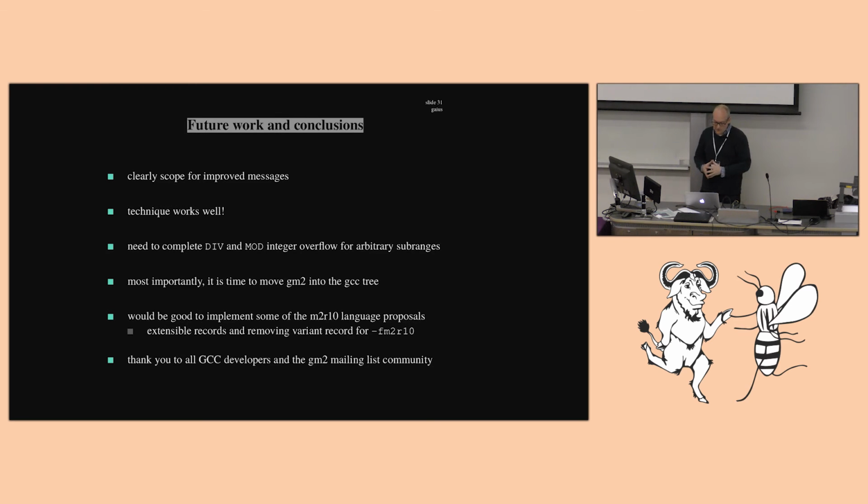One of the effective things to do early would be to remove variant records, which is part of the M2R10 standard, but it introduces extensible records, and that would be an easy thing to do first of all, and a good way to start this work.